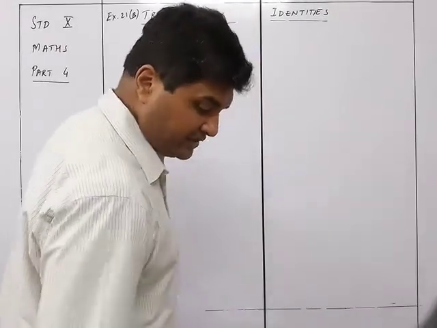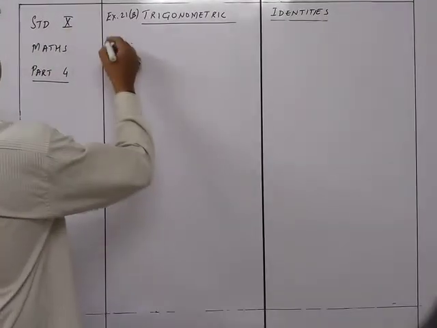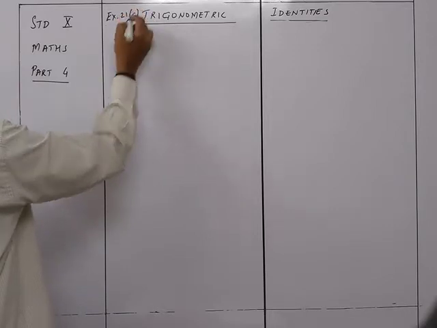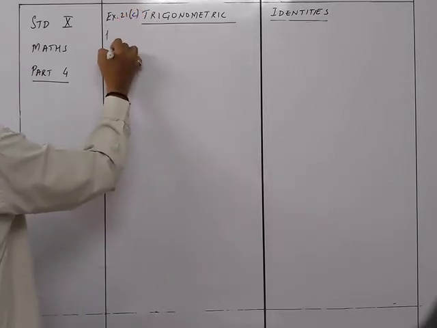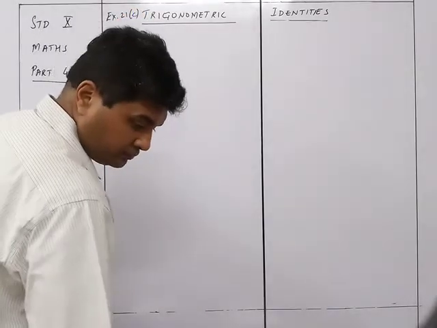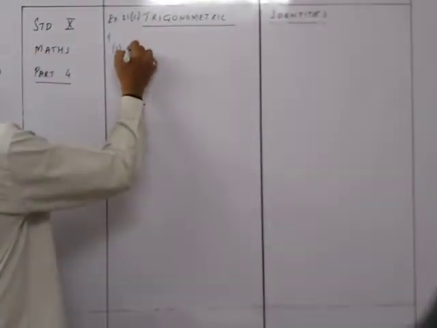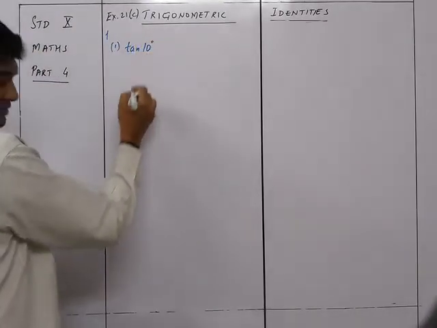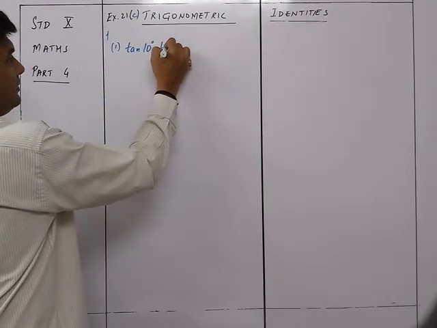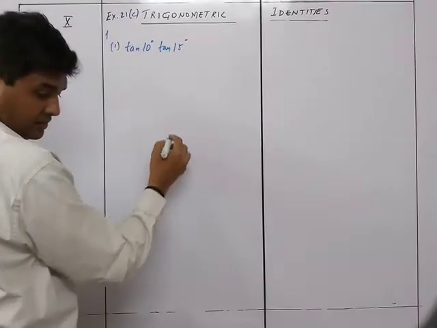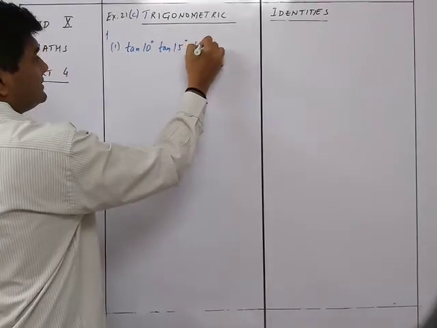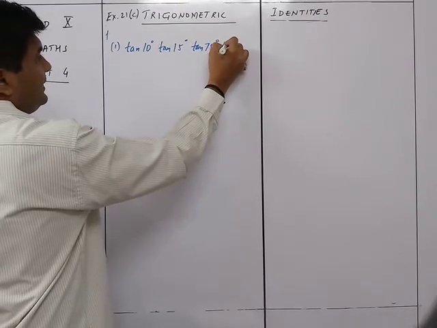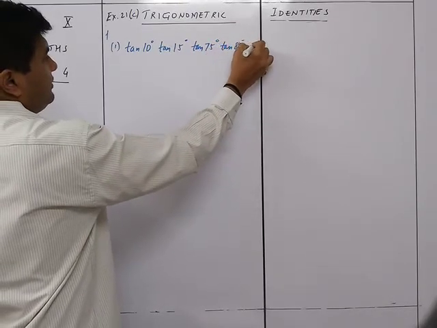Okay, exercise 21C. Tan 10 degrees, tan 15 degrees, tan 75 degrees, tan 80 degrees is equal to 1.